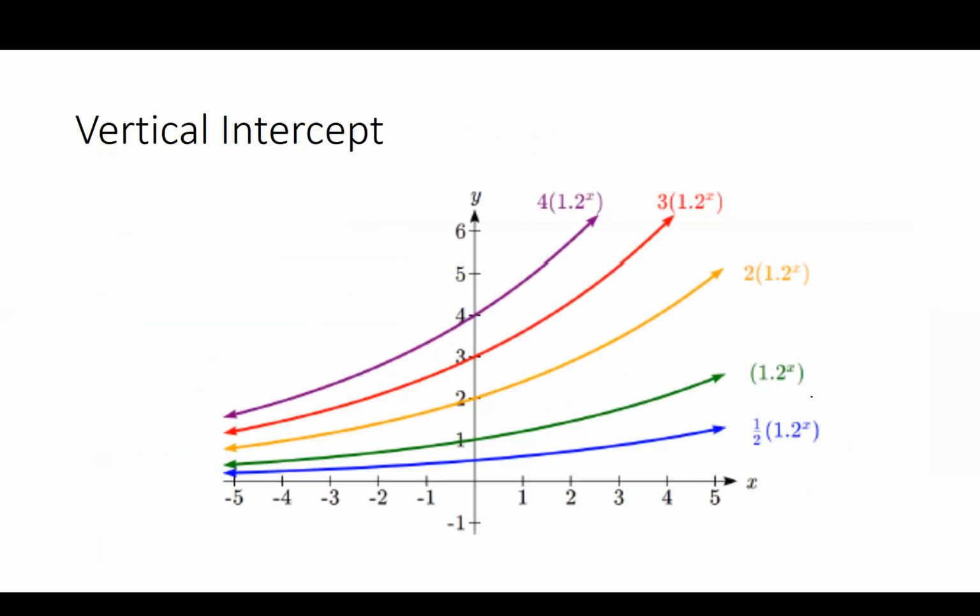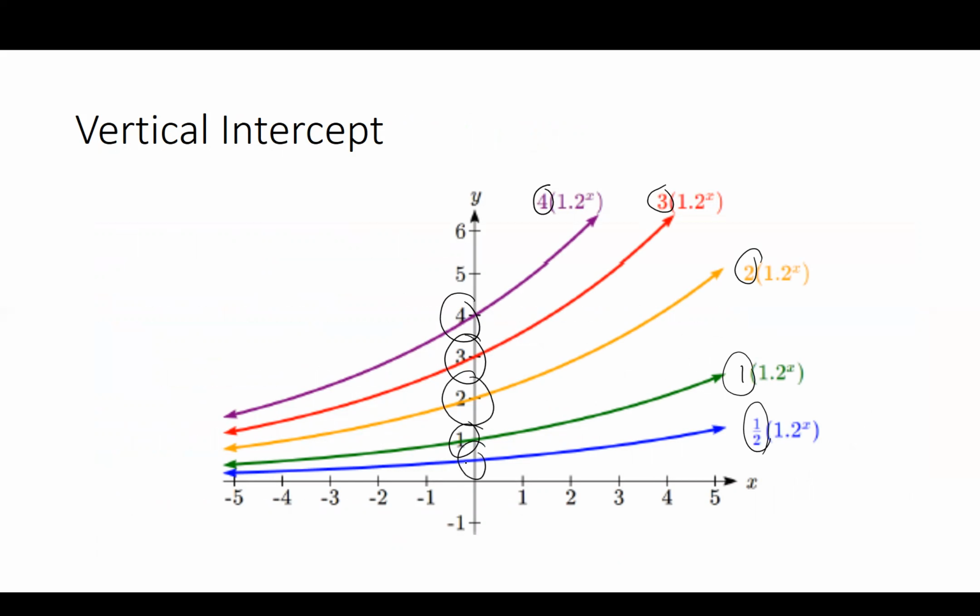So here are some examples of exponential functions where I've changed the a value. You don't see it, but for the green one, the a value is technically 1. So as I change the a value, what I'm necessarily changing is the y-intercepts.